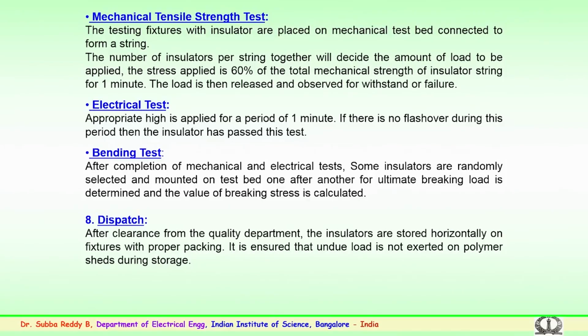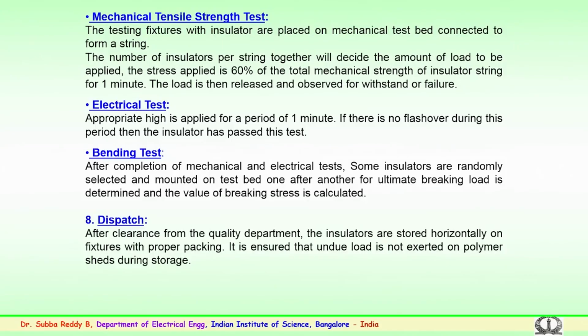Bending test: after completion of mechanical and electrical tests, some insulators are randomly selected and mounted on the test bed for the ultimate breaking load, and the breaking stress value is usually calculated and found.